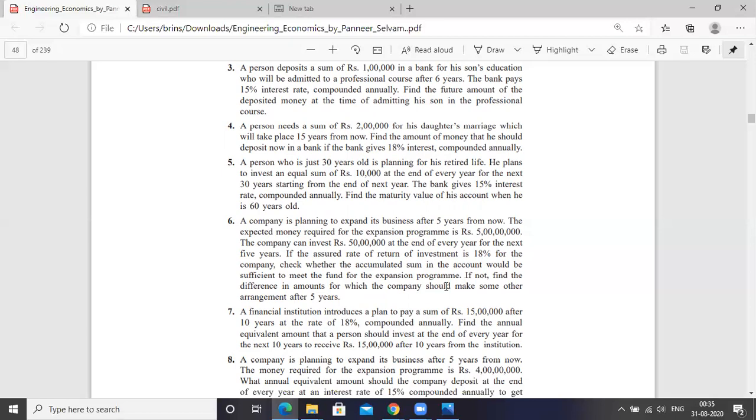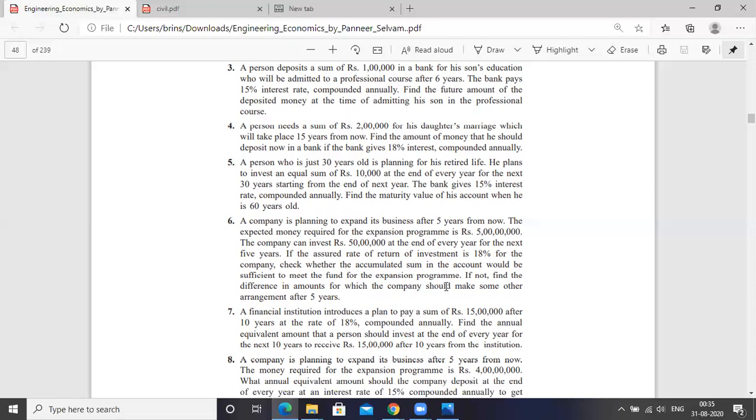The difference in amount is the value you will have by investing 50 lakhs every year, which is the principal value, compared with the 5 crores.